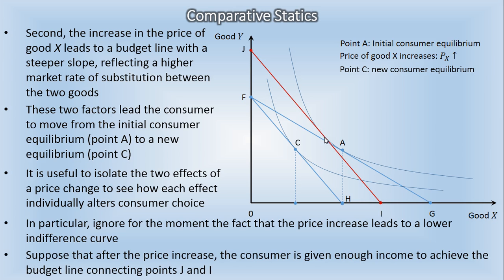So suppose that after the price increase, the consumer is given enough income to achieve the budget line connecting, in this case, J and I. So the red budget line represents this hypothetical income that the consumer would be given in order to be able to consume a bundle that will make her as happy as she was before the price increase.